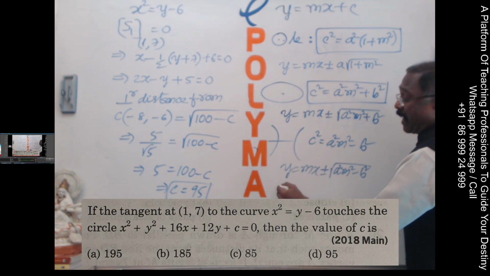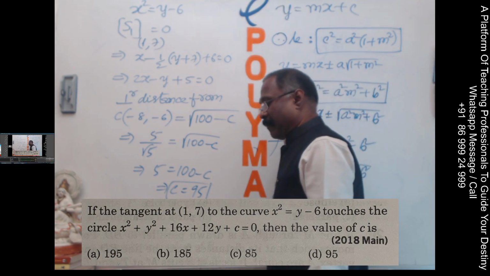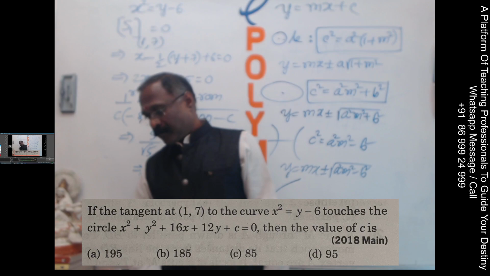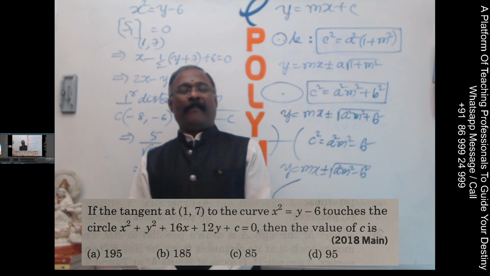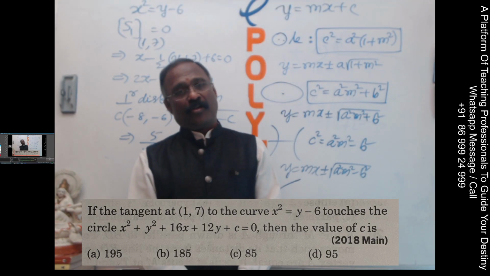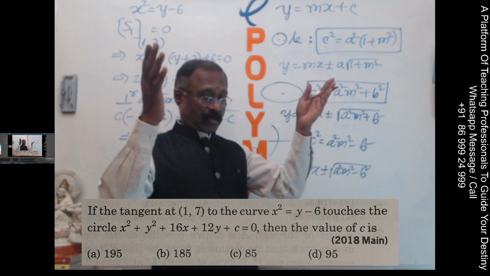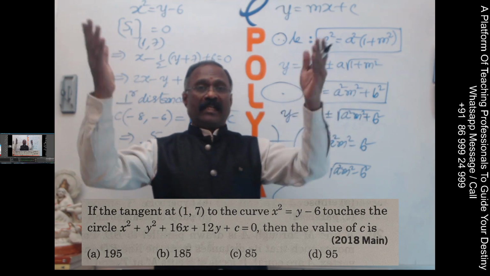If it is the parabola, it differs, because parabola is not a closed curve. But circle is a closed curve, and ellipse is a closed curve, and hyperbola is, of course, not a closed curve, but it has two curves.